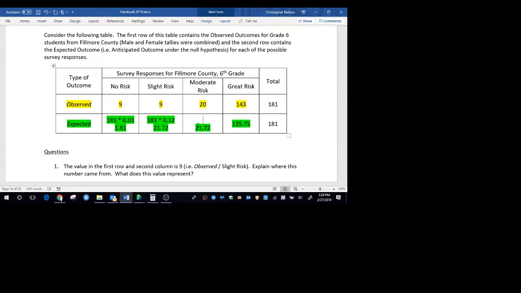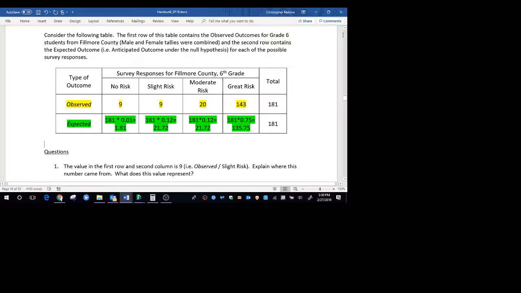Now that's the same for the moderate, because both of those were at 12%. And then finally, the proportion for the great risk category is going to be somewhat larger at 181 times 75%, right? So that's where those expected quantities are coming from.